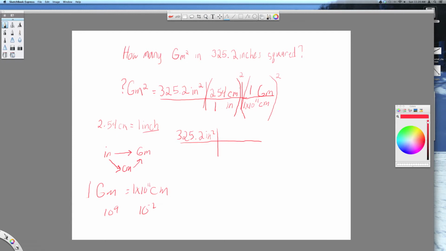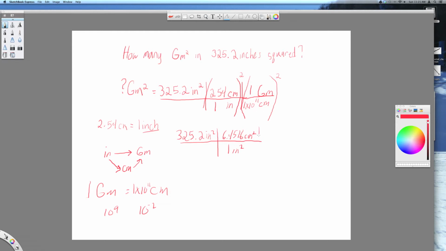What's 1 inch squared? Well, I believe that's 1 inch squared. Easy enough. What's 2.54 centimeters squared? Well, you square 2.54 centimeters, you get 6.4516 centimeters squared. And notice I didn't round this because we can only round at the very end. If I round it here and then I round it again, I'd be rounding twice, and that's not allowed.